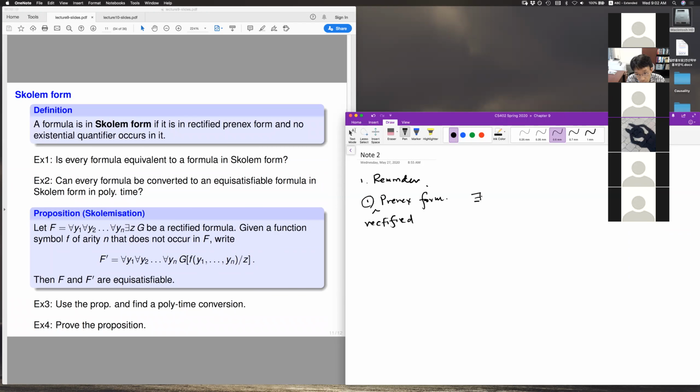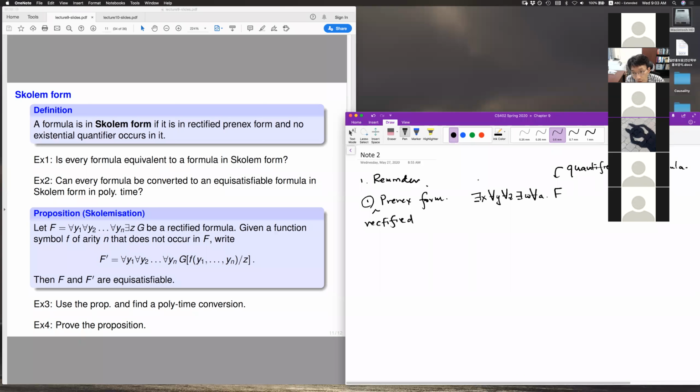The typical formula looks like this: exists X for all Y, maybe for all Z, and exists W for all A, then we have some formula F. Inside the formula F, it doesn't contain any quantifications. This is called a quantifier-free formula.